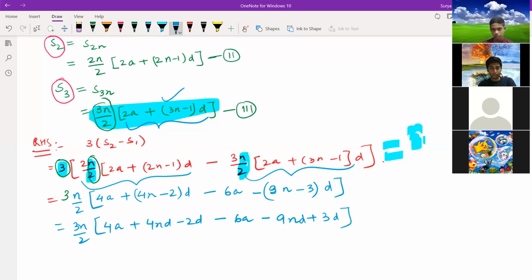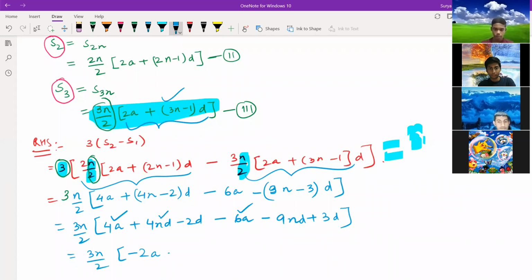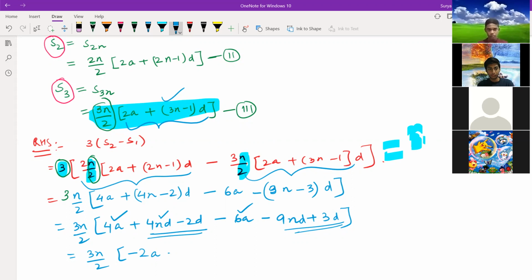Okay. Now what can we write? 3n by 2, 4a and minus 6a becomes minus 2a. For the d terms, we take d as common. Wait, from here I'll solve once again.